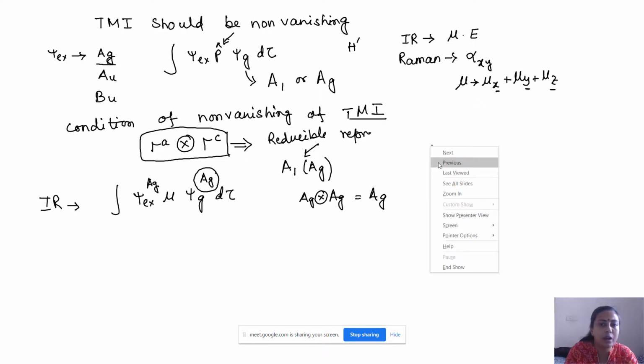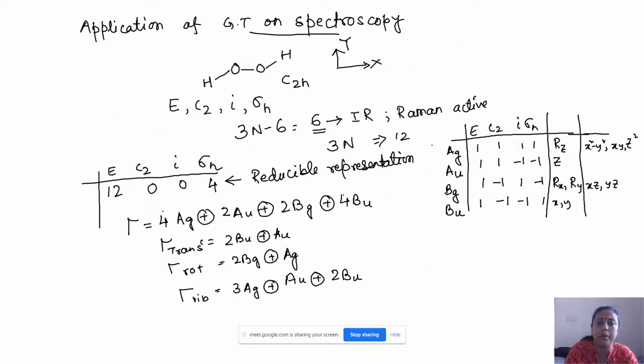How to know that? Look into the character table. What is the character of Ag? 1, 1, 1, 1. So I have to take the direct product of Ag with Ag. So I have to multiply this particular matrix element with the same matrix element. So 1 into 1, 1 into 1, 1 into 1, 1 into 1. So that is going to give me Ag.